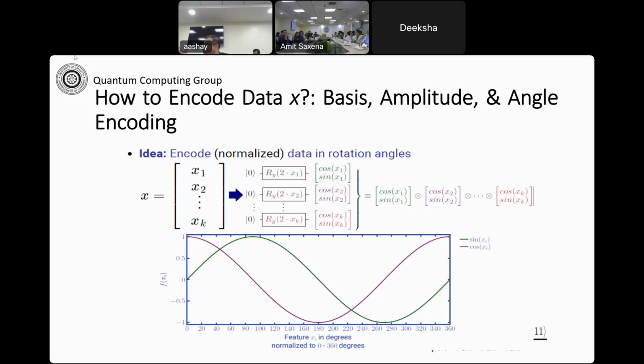So this is how you can encode each of the values in the classical domain to an equivalent qubit state. What is encoding? Encoding means that we have to represent the entire value of your classical data in a qubit system.